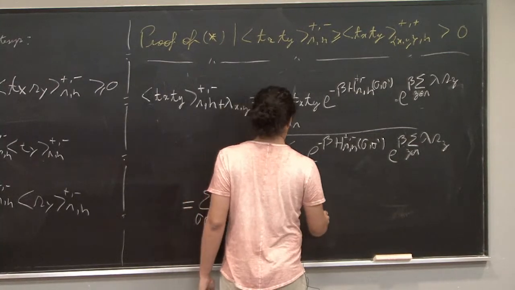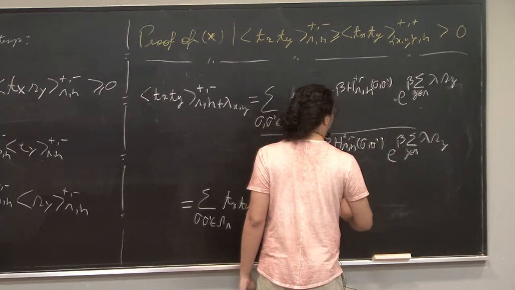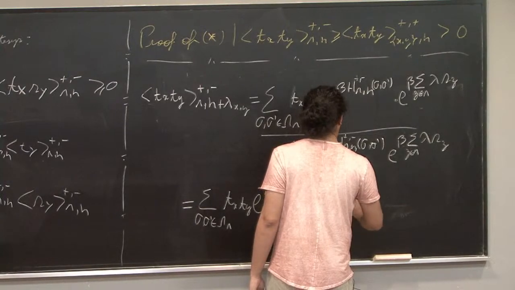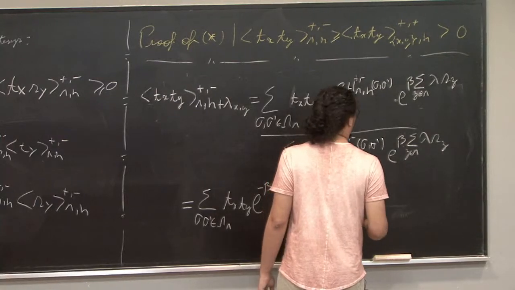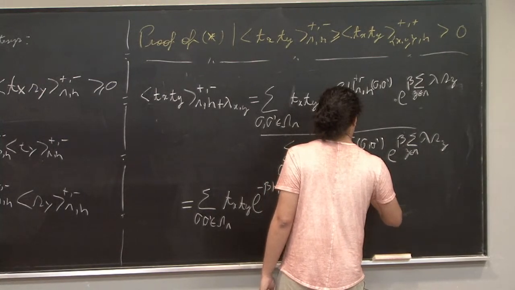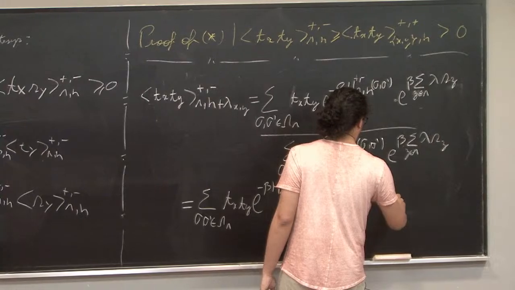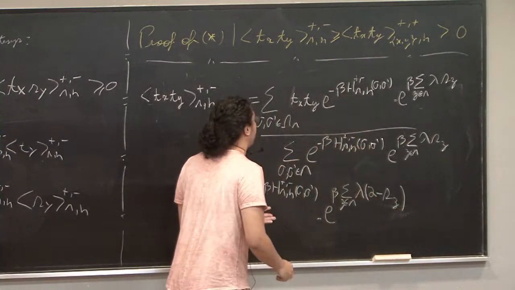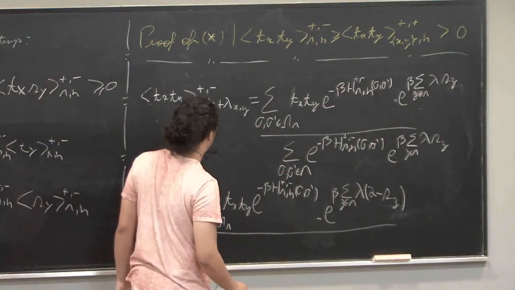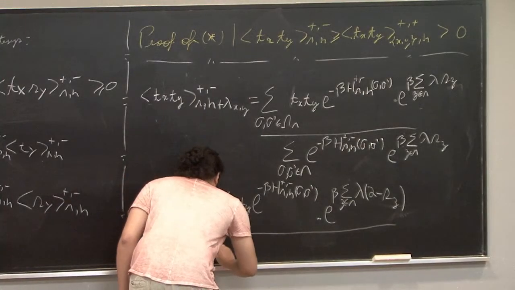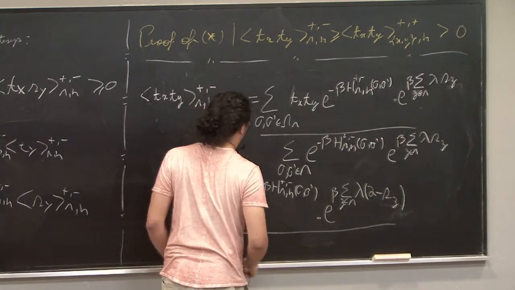But this term, depending on the external field, you just write as exponential of beta sum over z on the lattice of lambda times 2 minus s of z. Of course, you cannot simply do that. You have to divide by the partition function.